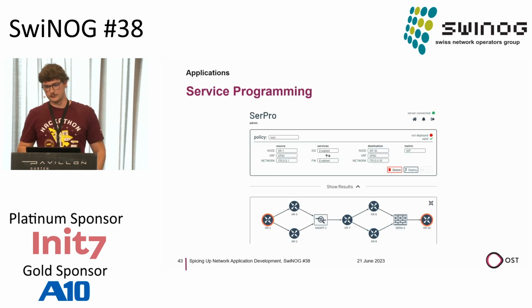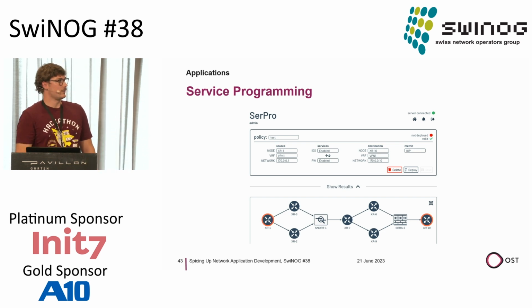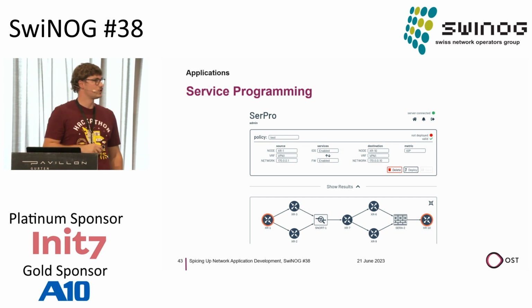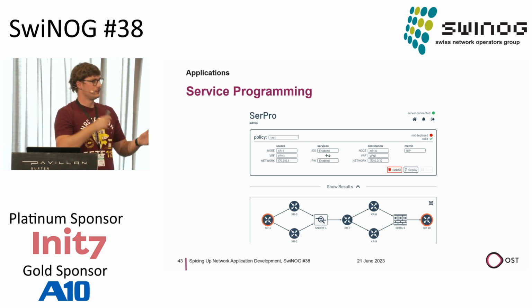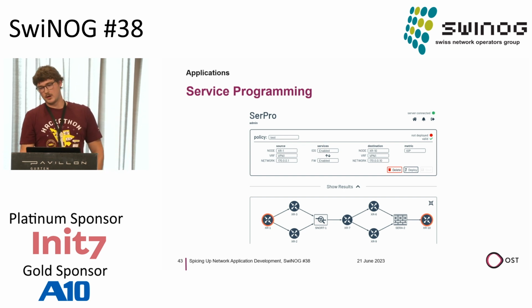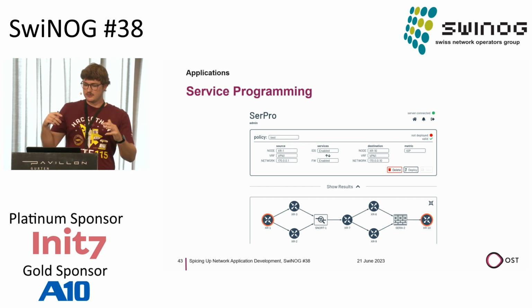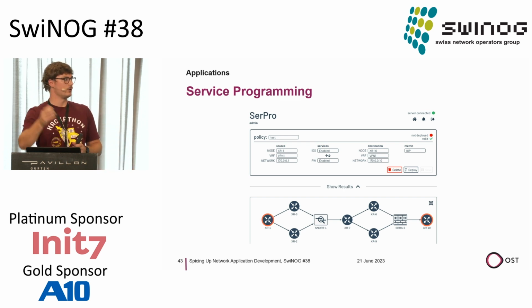Also, we have introduced a service programming application. This application can calculate the best service chain in your topology. So basically, you can distribute all your instances or services in the network, and then the service programming application can use this information, also the topology information, to calculate the best service chain and deploy the policies to the network.